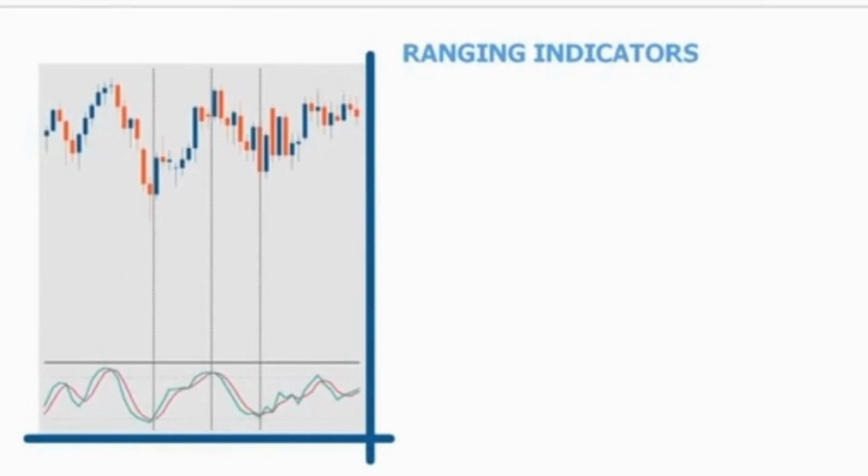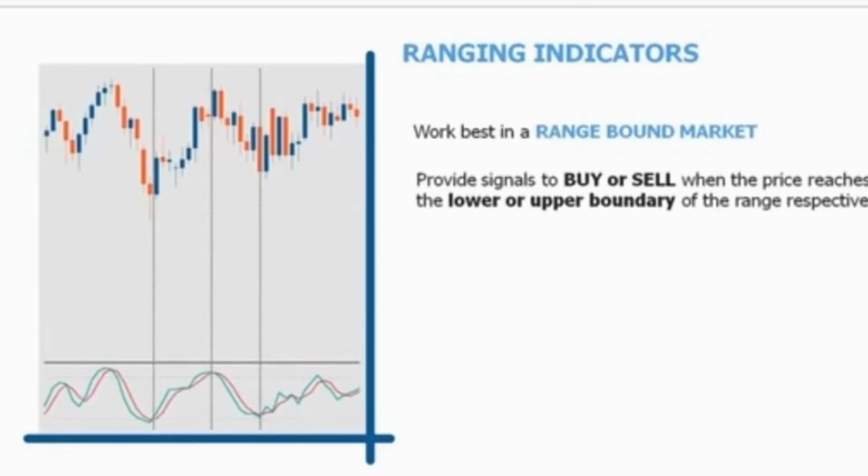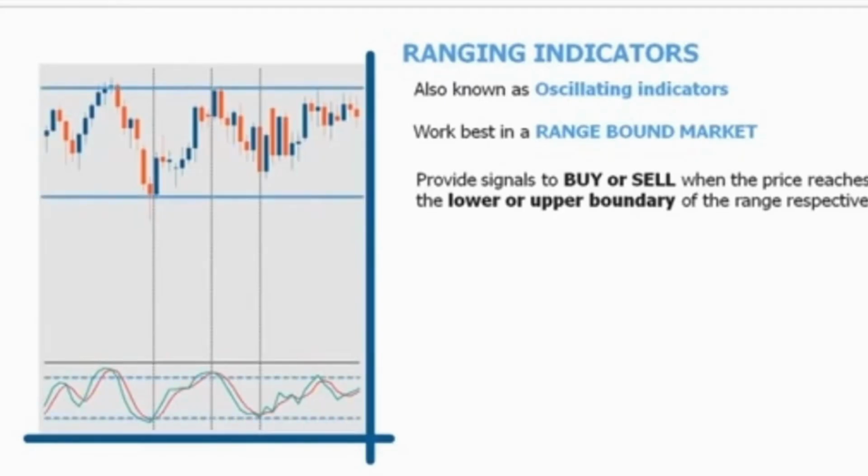The other type of indicator is the ranging indicator. They work best in a range-bound market, providing signals to buy or sell when the price reaches the lower or upper boundary of the range respectively. Ranging indicators are also known as oscillating indicators because they oscillate between an upper level and a lower level.